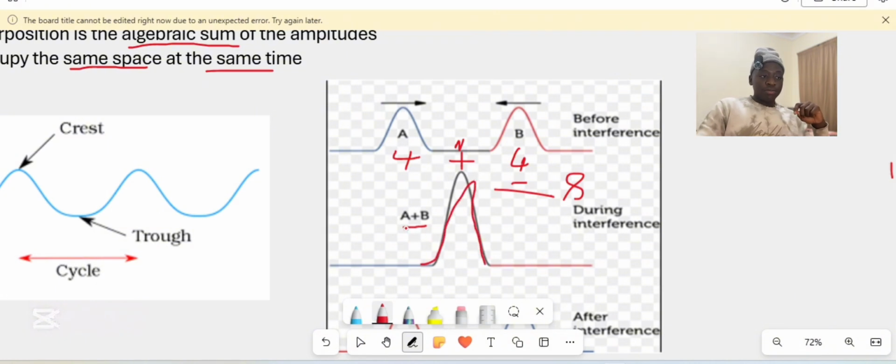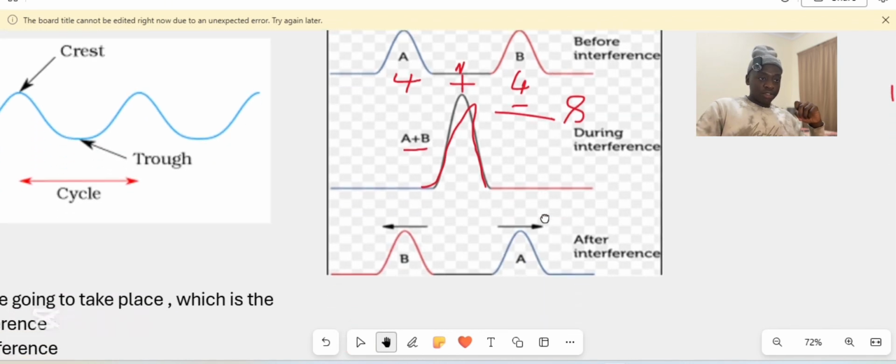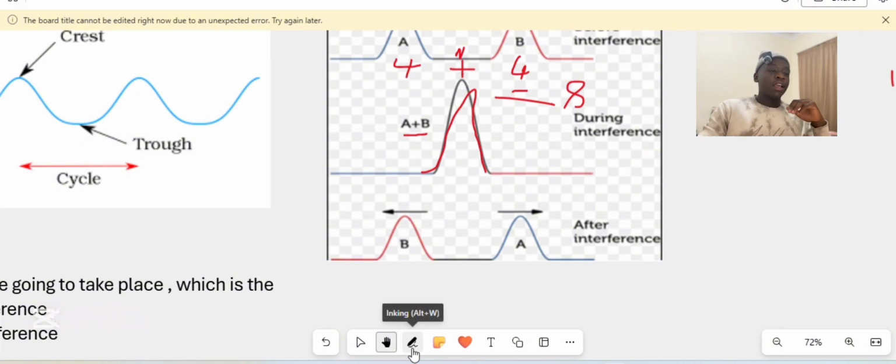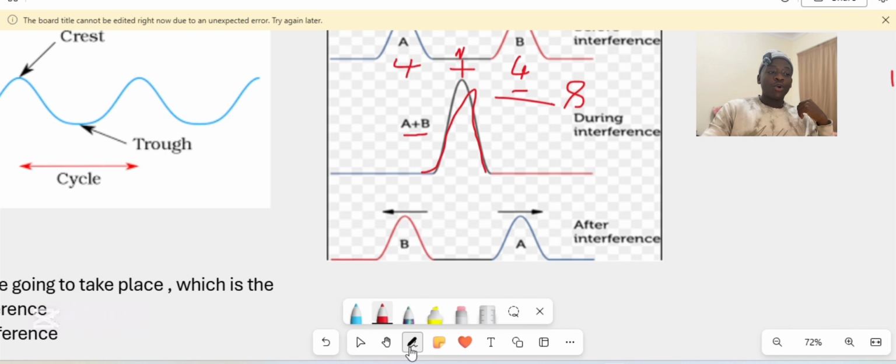So A and B, when it pulses, it produces a higher amplitude pulse. But then here's the fun part. After they have separated, they go on to regain their original amplitude and go in the same direction that they were going towards.